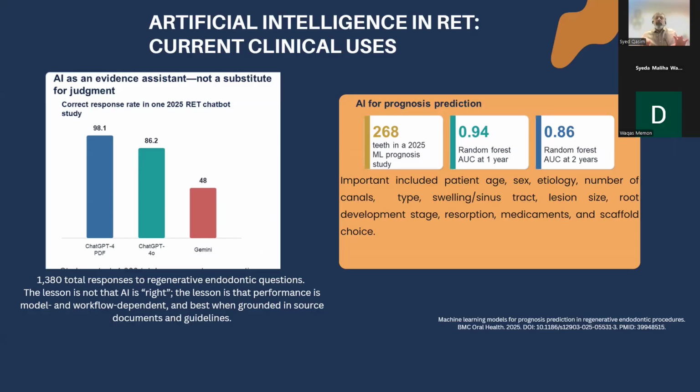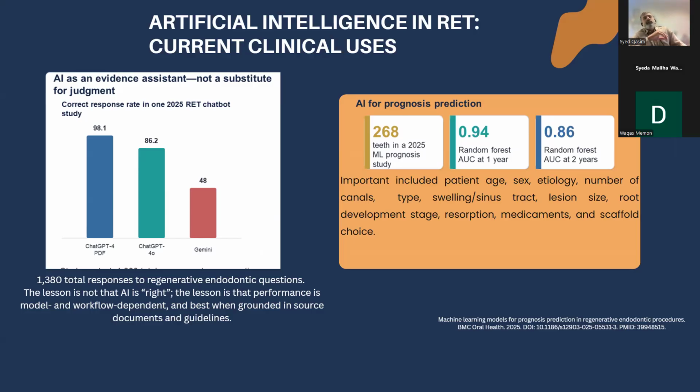You can use AI in bidirectional ways, as an assistant in devising strategies. The current slide is talking about clinical decision making, where you cannot rely on decisions made by these large language models. It can also be used for prognosis and prediction.